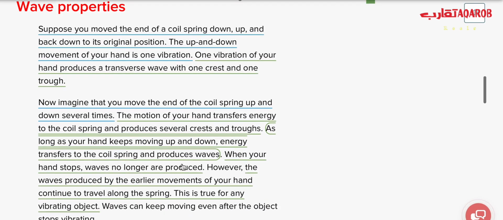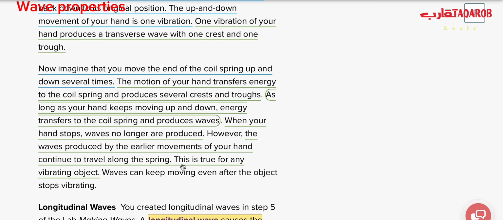Now imagine that you move the end of the coil spring up and down several times. The motion of your hand transfers energy to the coil spring and produces several crests and troughs as long as your hand keeps moving up and down. So as you are moving your hand up and down, you will create more waves.